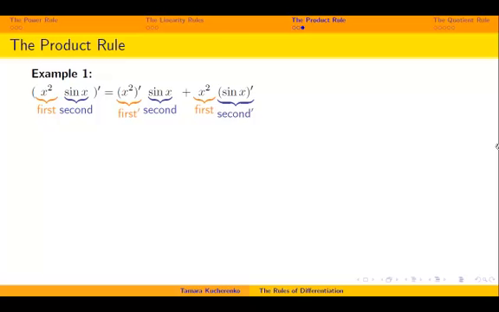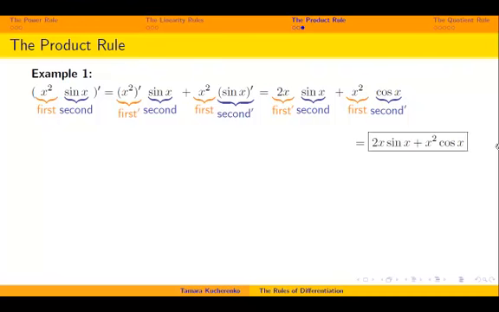The derivative of x squared is 2x times sine x plus x squared times the derivative of sine x, which is cosine x. So the answer is 2x sine x plus x squared cosine x.